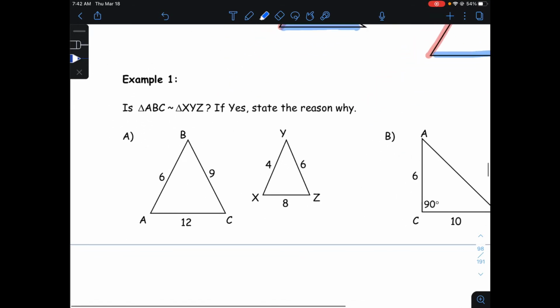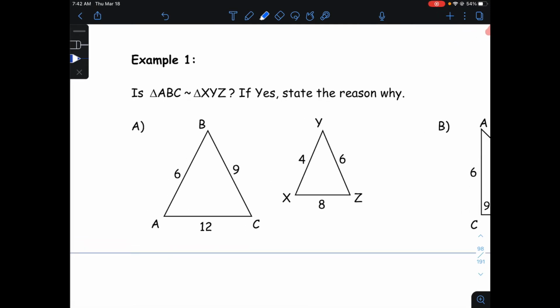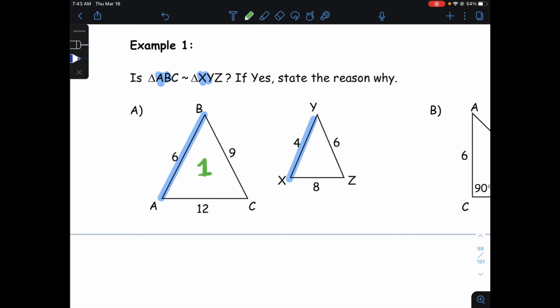So here it says, is ABC similar to XYZ? Let's take a look. We've got AB, and AB goes with XY. Let's label triangle 1 and triangle 2, and we're always going to do triangle 1 over triangle 2. So we're going to do 6 over 4.